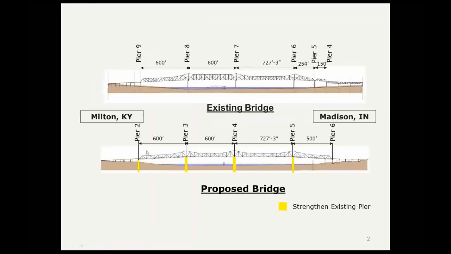So proposed piers 2, 3, 4, and 5 were going to be strengthened both at the caisson level and then encased. The existing stem would be encased and a new, wider cap would be installed to accept the wider bridge. And then a new pier constructed up at Pier 6.